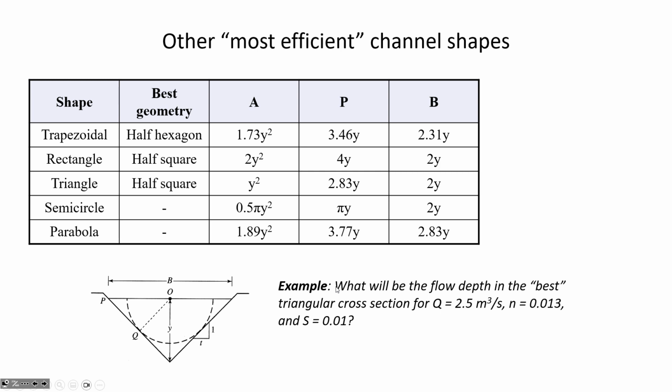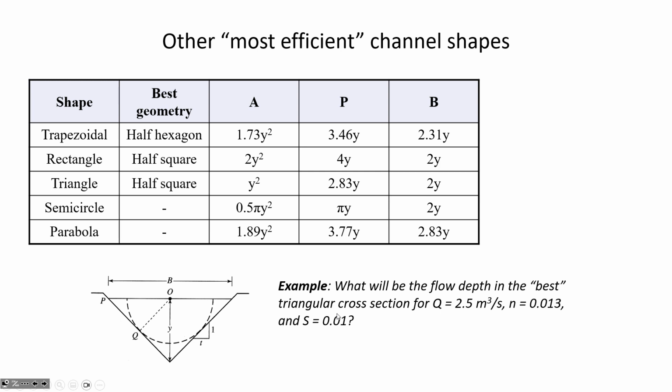We've got a flow rate of 2.5 cubic meters per second, and we're going to put it into Manning's equation to find the depth. But what you're going to do in Manning's equation is write the wetted perimeter and the area in terms of y, because we want to know what is the flow depth for this triangular section.